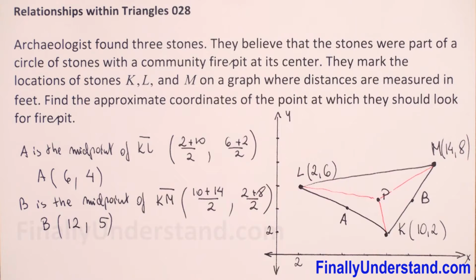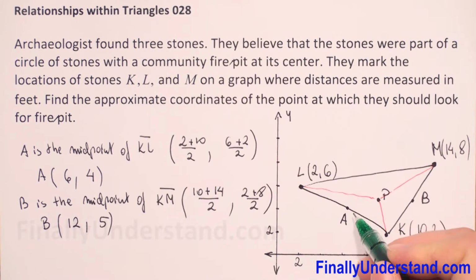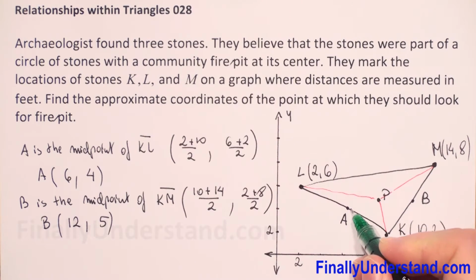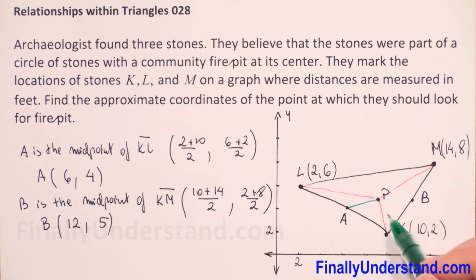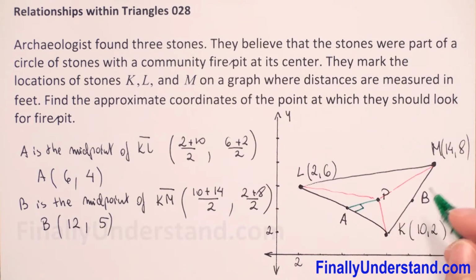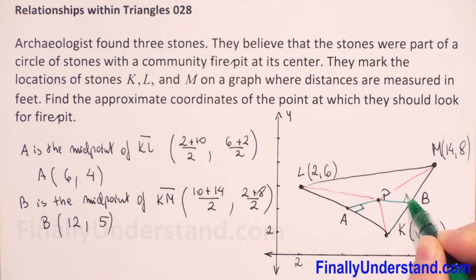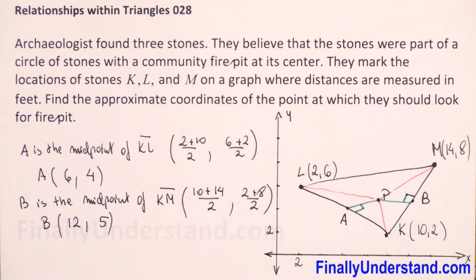And like I said, a perpendicular bisector is the segment that is perpendicular to a segment at its midpoint. So my diagram will not be exact, because we need to have a right angle between segment AP and KL here, and at PB here we have a right angle.